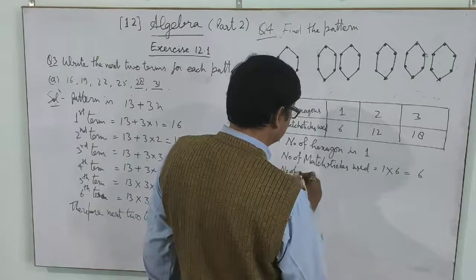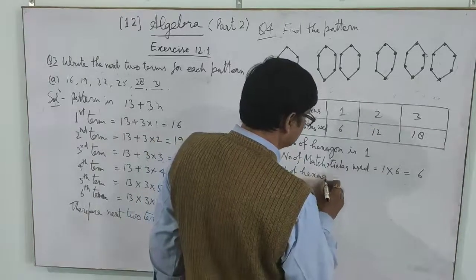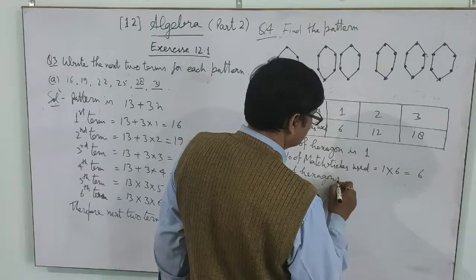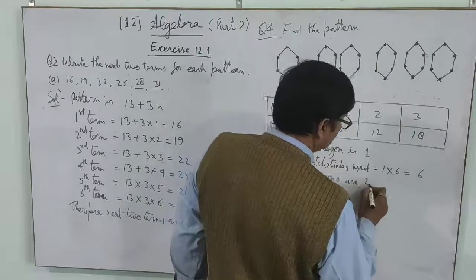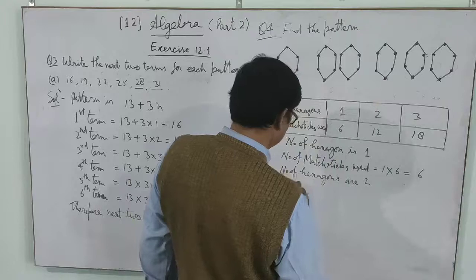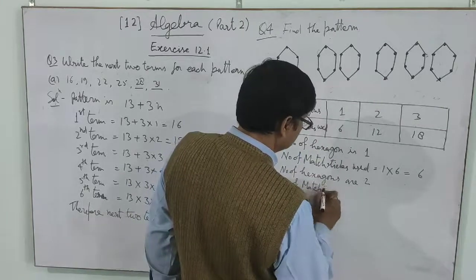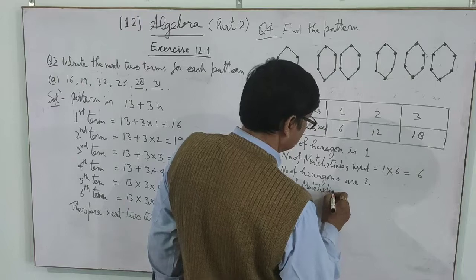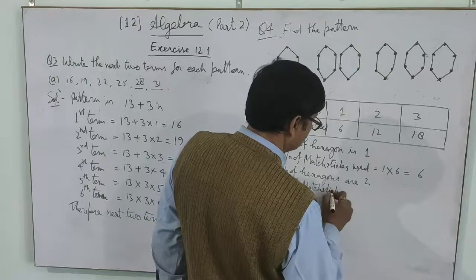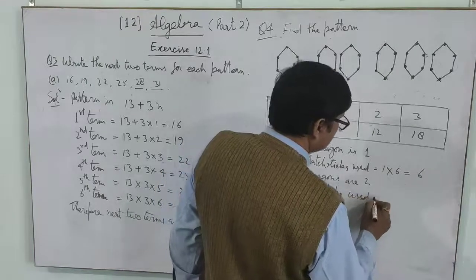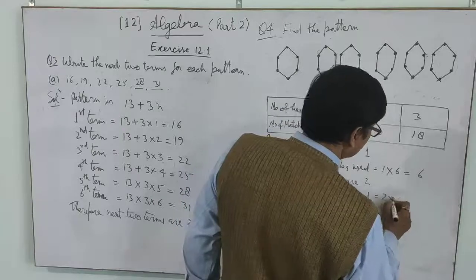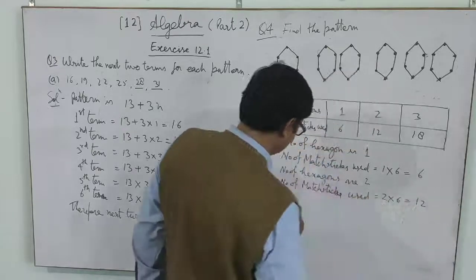When the number of hexagons is 2, the number of matchsticks used is equal to 2 into 6, 12.